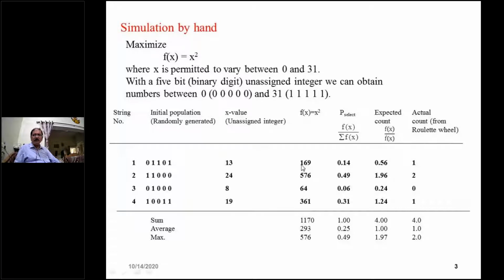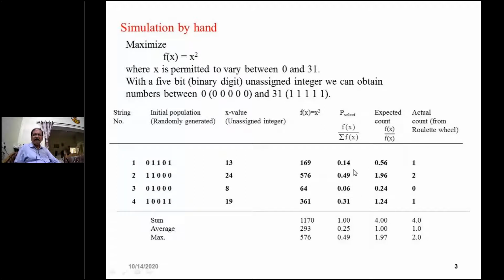So 169 divided by 1170 is 0.14. Then 576 divided by 1170 is 0.49. 64 divided by 1170 is 0.06. 361 divided by 1170 is 0.31.